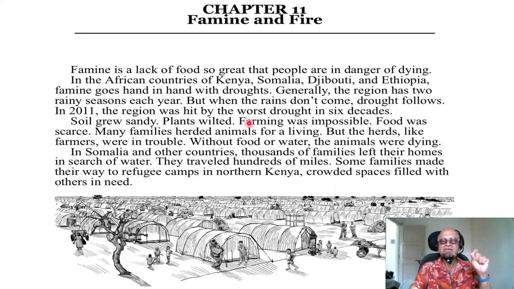In the African countries of Kenya, Somalia, Djibouti, and Ethiopia, you can find out where they are. They are all mostly in Eastern Africa. Here, famine goes hand in hand with droughts, which means every time they have a drought, which is, let's say, a natural phenomenon or is getting exacerbated by climate change, as we saw in the last chapter.